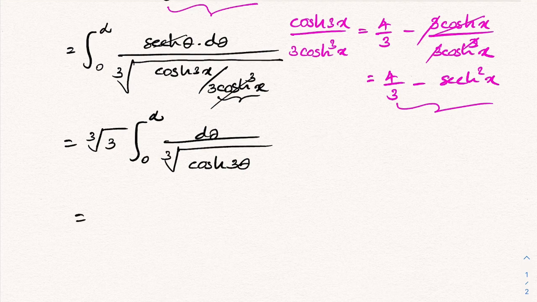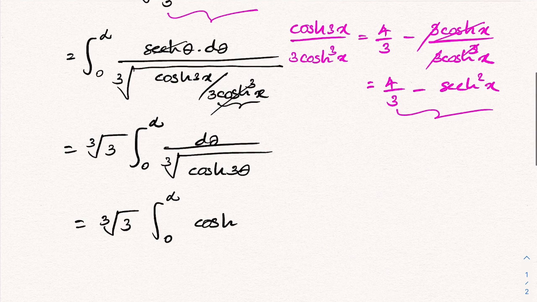This is equal to cube root of 3 times the integral from 0 to infinity of hyperbolic cosine raised to the minus 1/3 of 3 theta d theta.